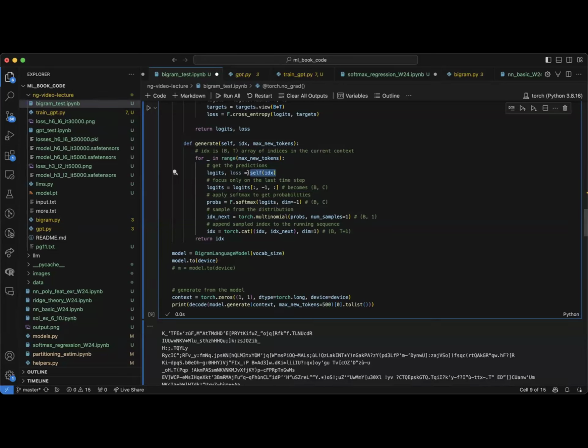Now you pass yourself the entire new index, which is the entire text, and then redo it. So you look at the last word, the last prediction.